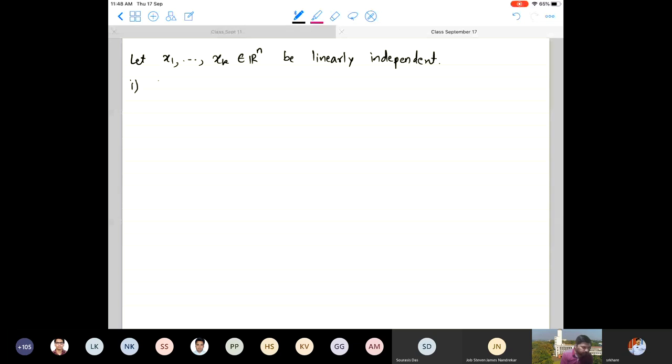So if that is true, then the first thing is qi tilde is not equal to 0. Okay, so for any i, qi tilde is not going to be equal to 0.